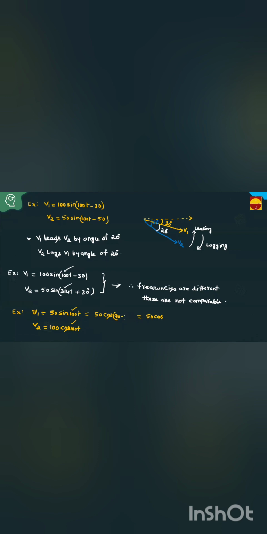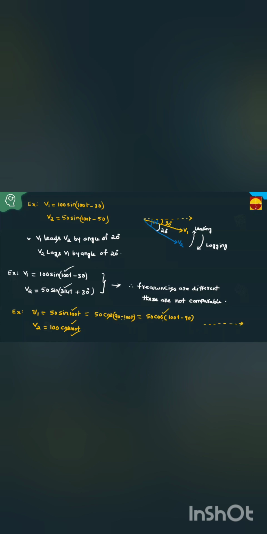Cos of (90 minus theta) is sin theta. Since negative is common, cos of minus theta is cos theta, so that is cos of (100t minus 90). Both are the same. But this 90 minus 100t I am writing as 100t minus 90. Now this is cos, and this is also cos. Now you have to compare.